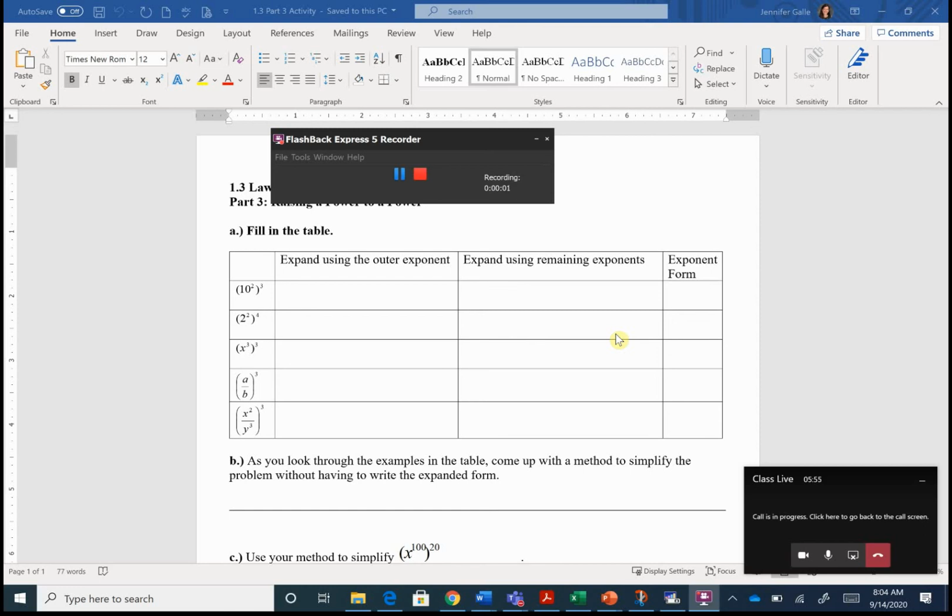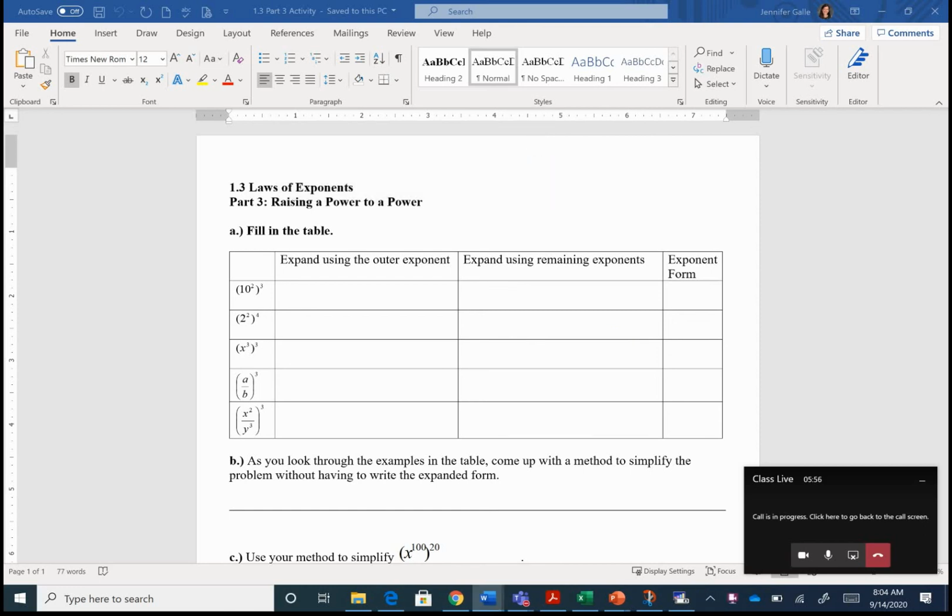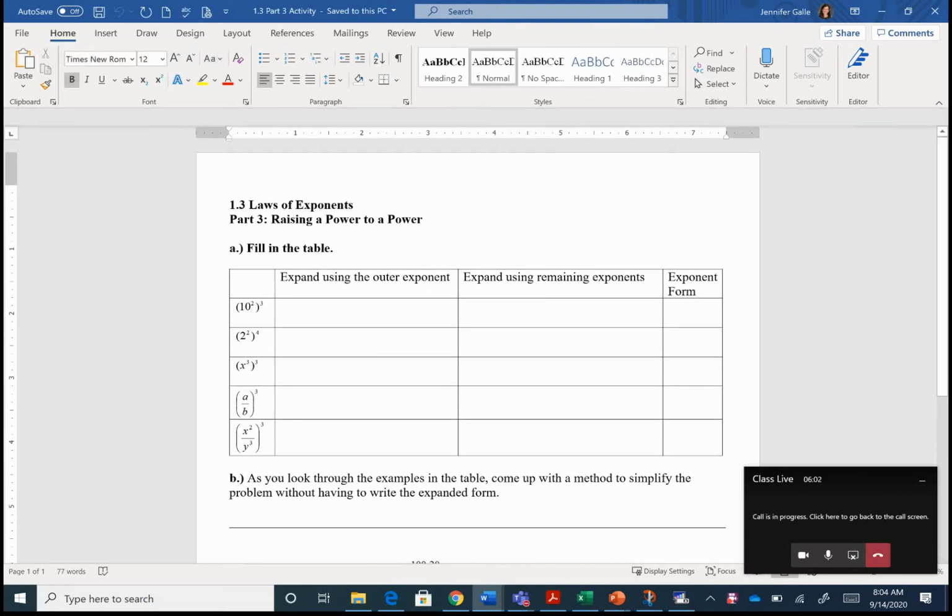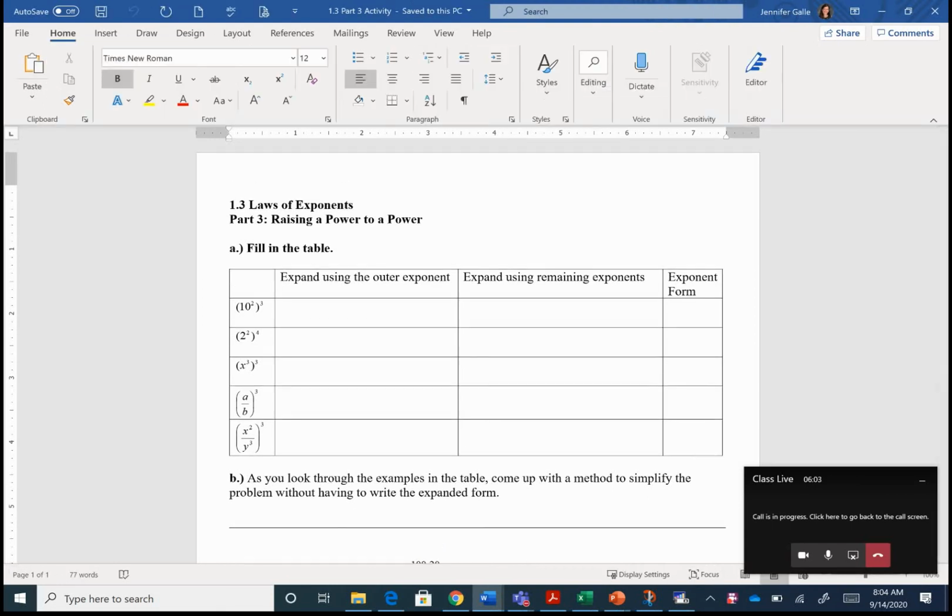Okay, here we go. So this will be our third and final of the big rules of exponents. Tomorrow we'll do a little quiz over these, and the reason why I want us to keep expanding out to figure out these rules is because if you get on your quiz tomorrow or on your test, probably next week, and you blank out, oh shoot, is this when I add exponents?